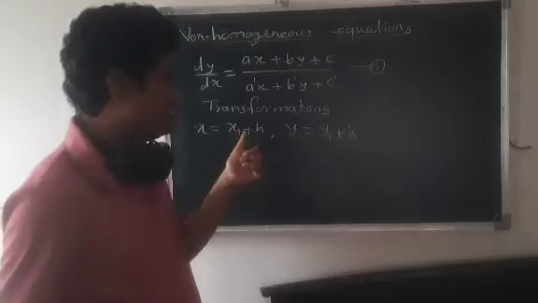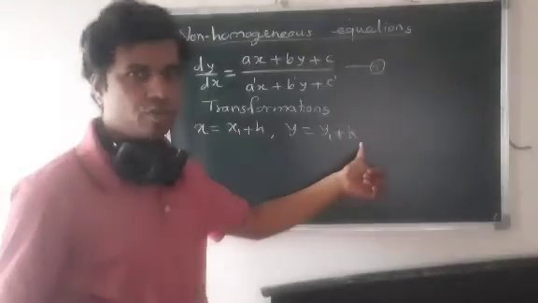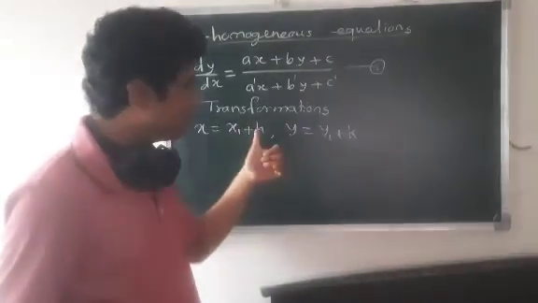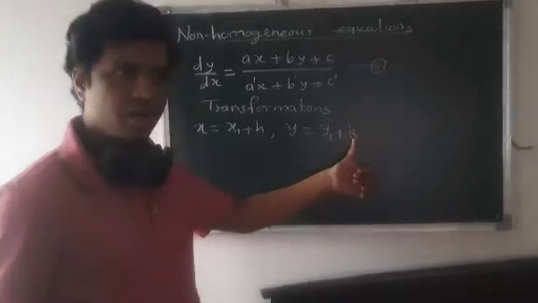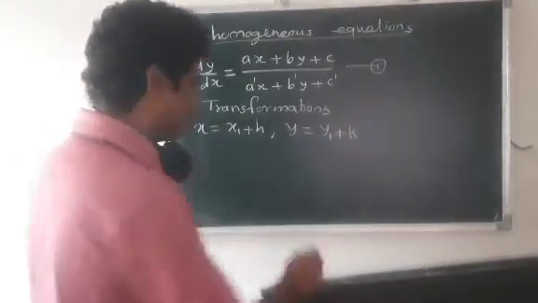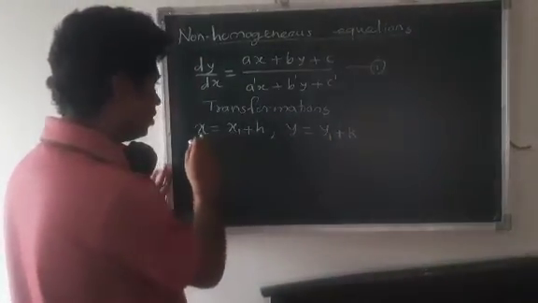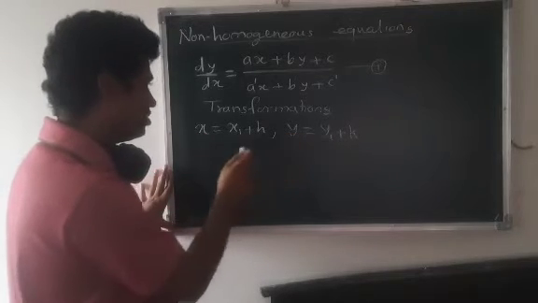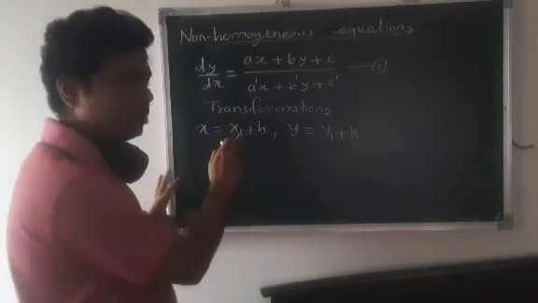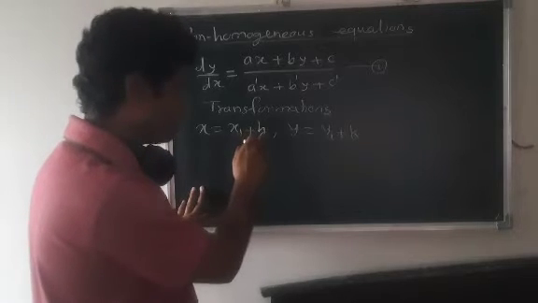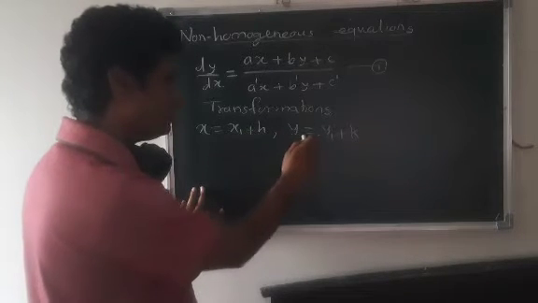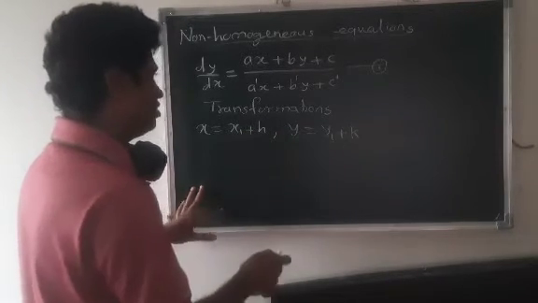Here h and k are constants. We will determine these constants later. So if we substitute these, then dx will be dx1 because h is constant, and similarly dy is dy1, k is constant.